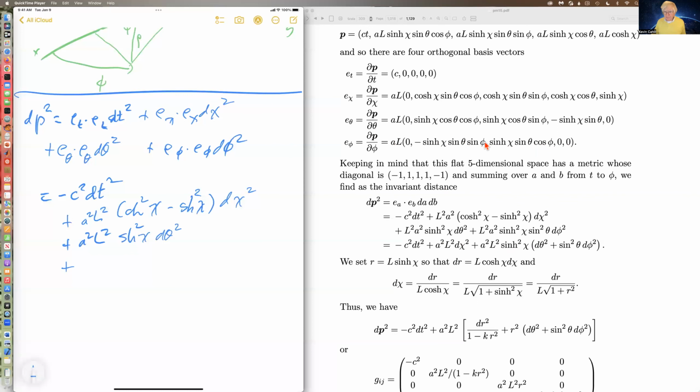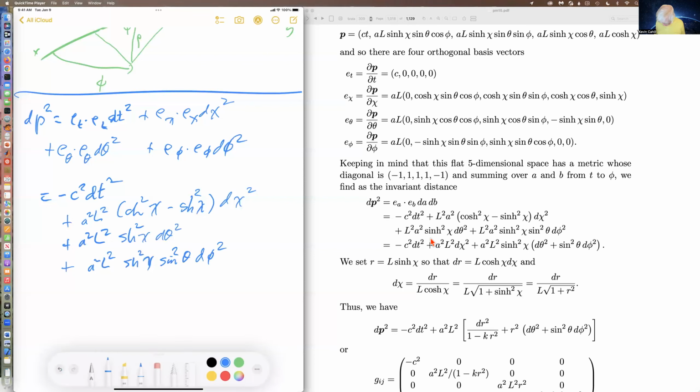And so for this one, what we get is a squared L squared sinh squared chi, and then we wind up with a remaining factor of sine squared theta d phi squared. And so when you add them all together, you get this expression here.